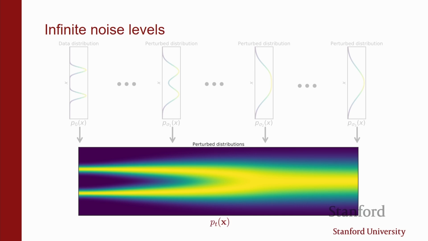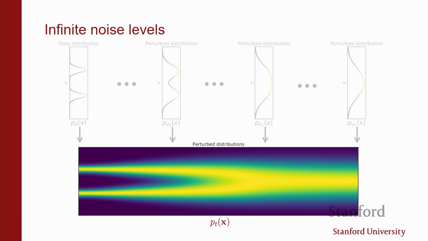So now instead of having 1,000 different versions of the data perturbed with increasingly large amounts of noise, you have an infinite number of data densities that have been perturbed with increasingly large amounts of noise.